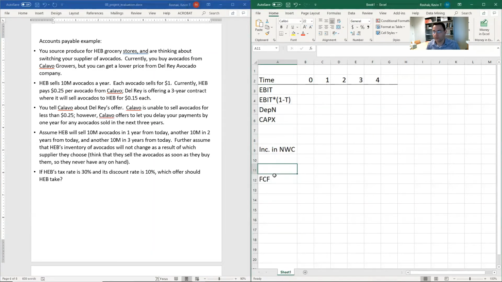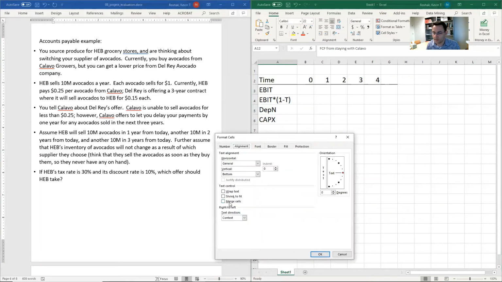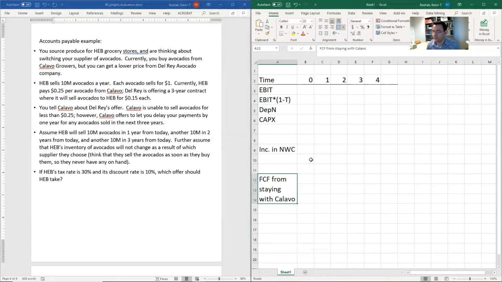So what will be the free cash flows from staying with your current supplier, Calavo? Format these just so they merge and wrap. Okay.